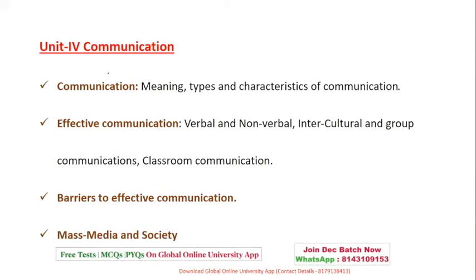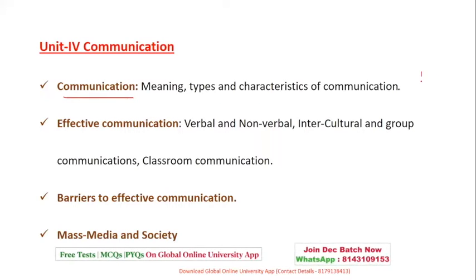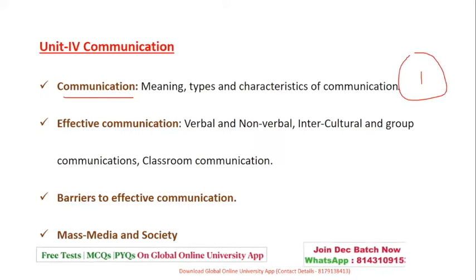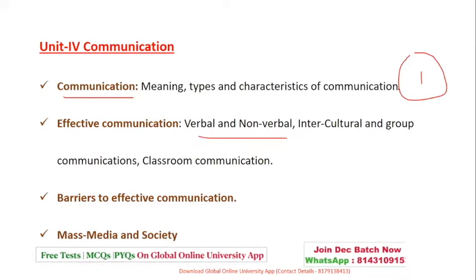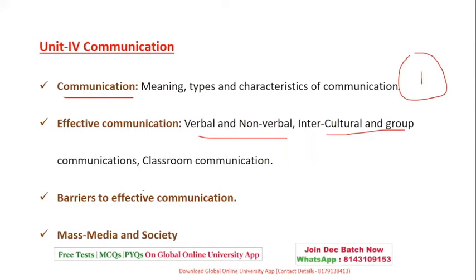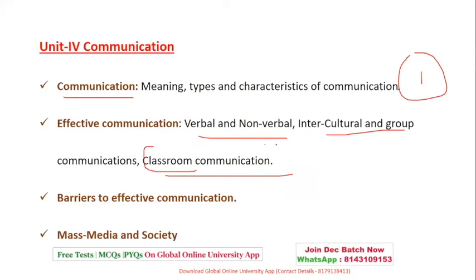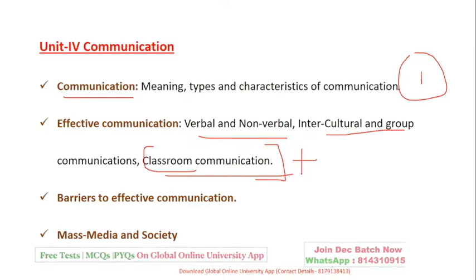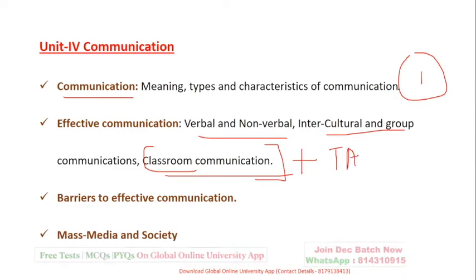Understanding the syllabus. Communication: basically meaning, types and characteristics, where you have one question from this. Effective communication, where they will put examples with the help of non-verbal, verbal communication, intercultural communication, or classroom communication. Classroom communication most of the time they add with teaching aptitude, and based on that they give you a common question.